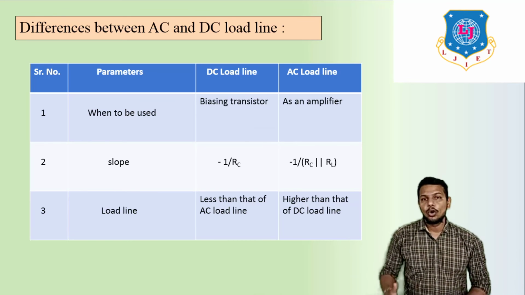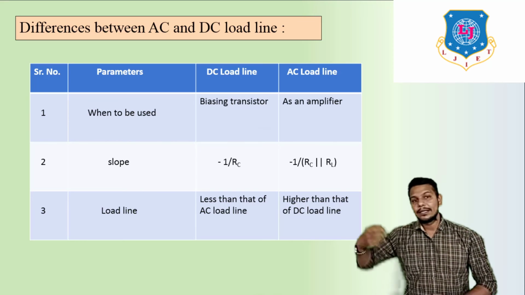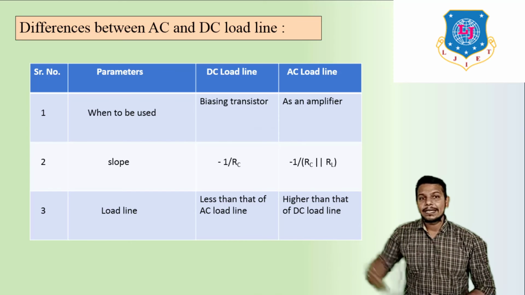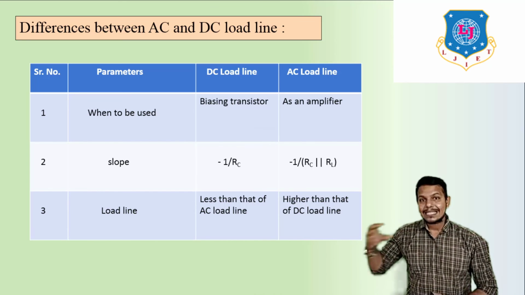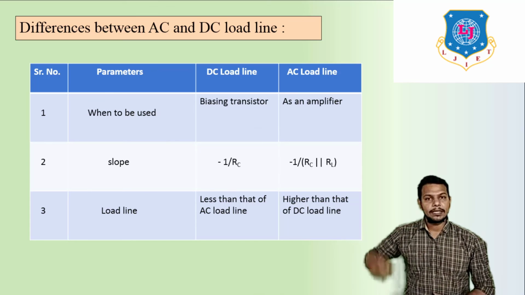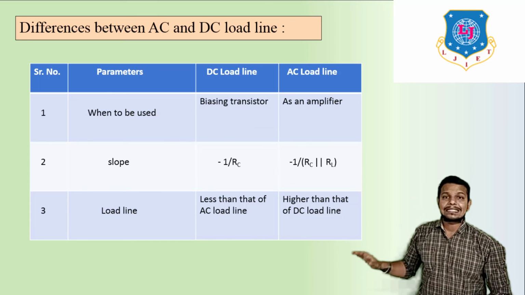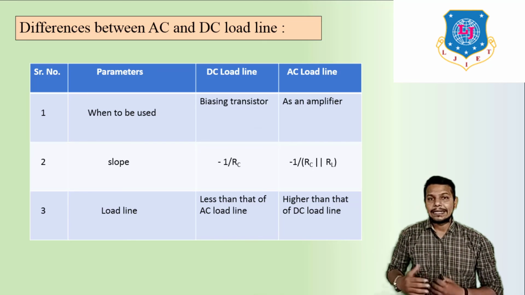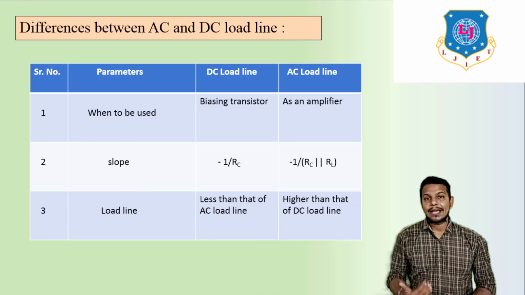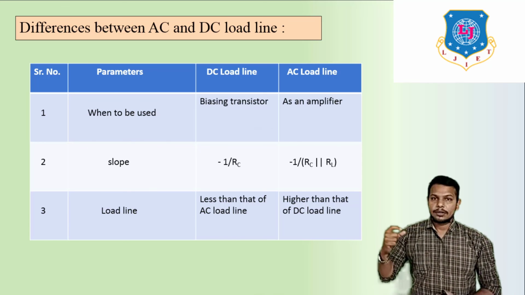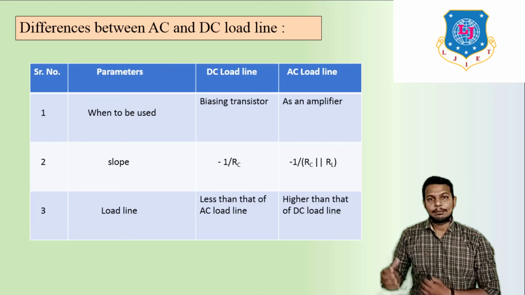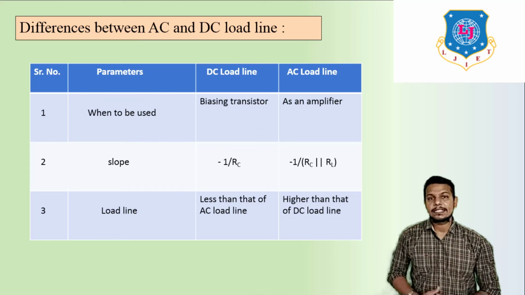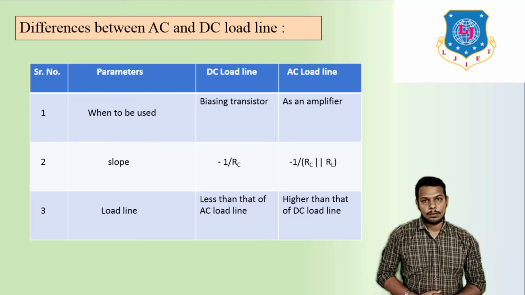Number three, the slope of the DC load line is less than that of the AC load line, and the AC load line is higher than the DC load line. So remember, the DC load line is used for biasing the transistor, whereas the AC load line is used for amplification. This is the biggest difference between the DC and AC load line in analysis.